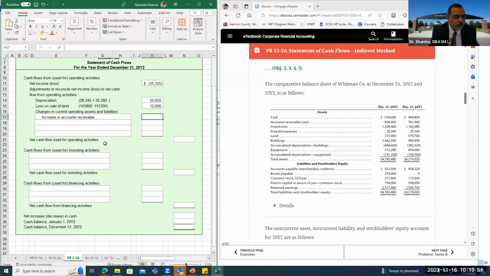So let's see how much is the item. I'm going to write it here. That is going to be 828,900 minus 761,940.